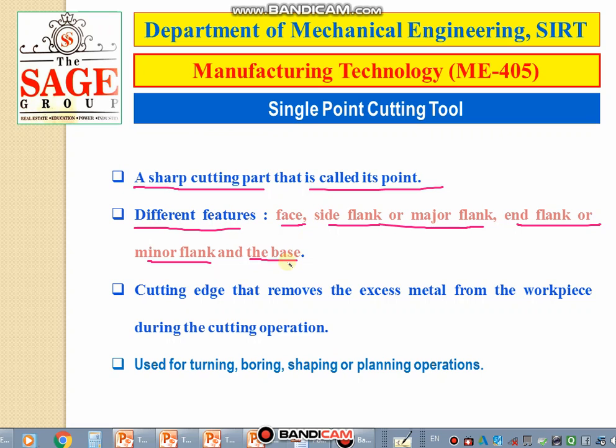So these are the features of the single point cutting tool through which the cutting part has been covered, and those features are face, side flank, end flank, and the base. These features we will see through the diagram. Next, this tool has a cutting edge that is responsible for removing the excess material from the workpiece during the cutting operation, and finally our material is converted into the final product.